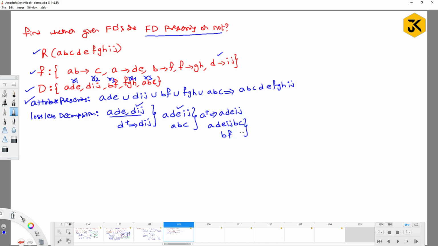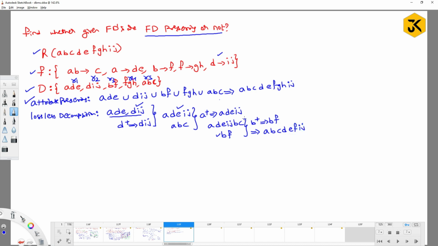Try to do it, as B is the common one. Find the closure of B. B closure is B, F, which determines the new relation. Yes, B, F. So I can combine them as a single relation: A, B, C, D, E, F, I, J.